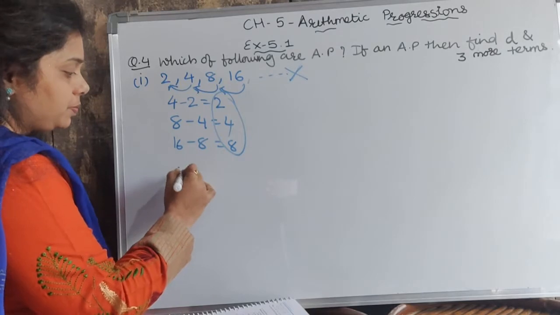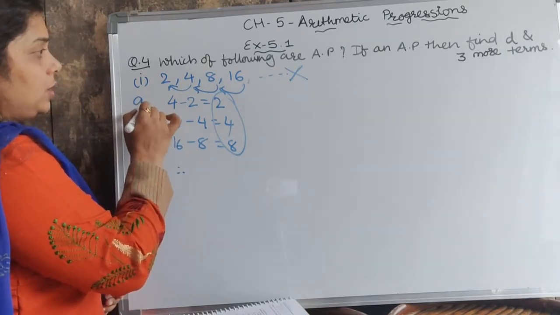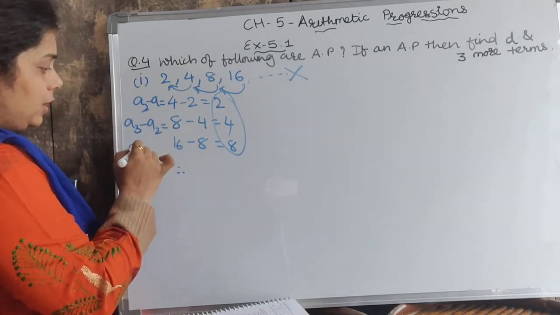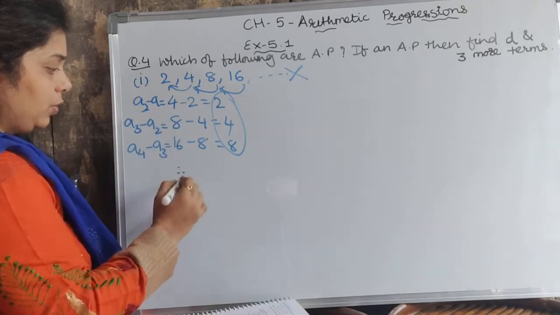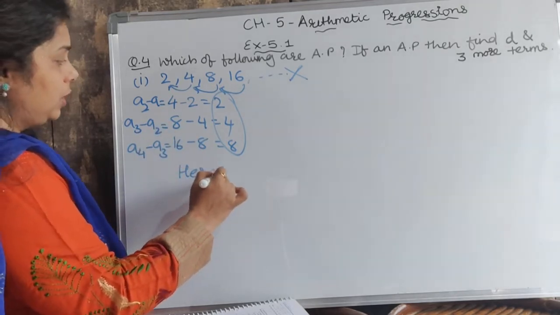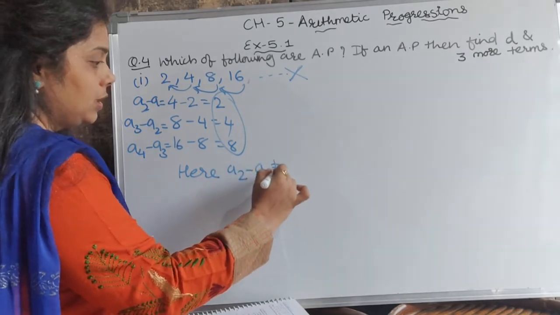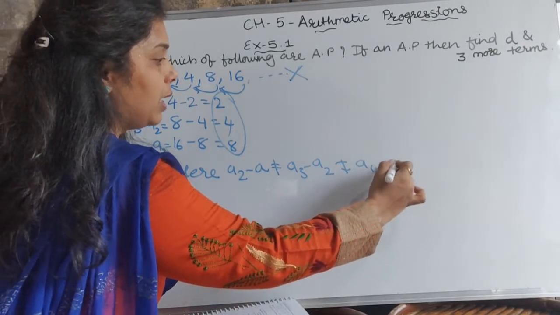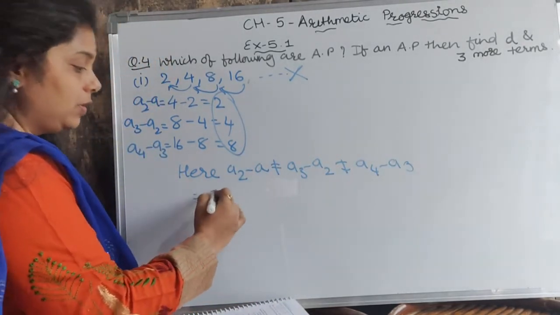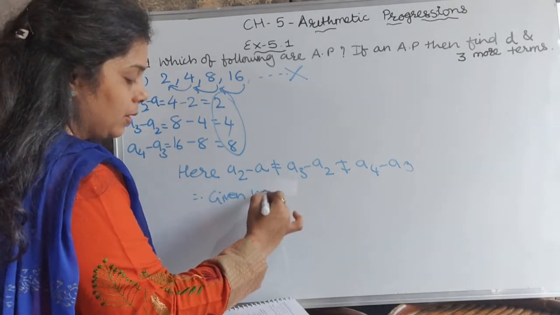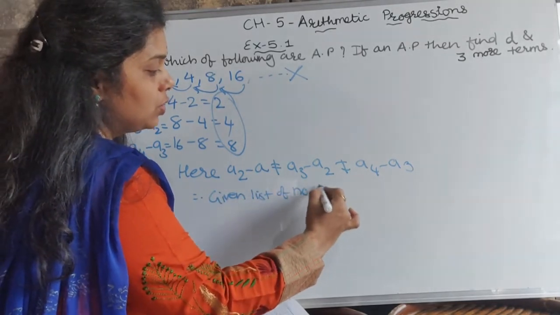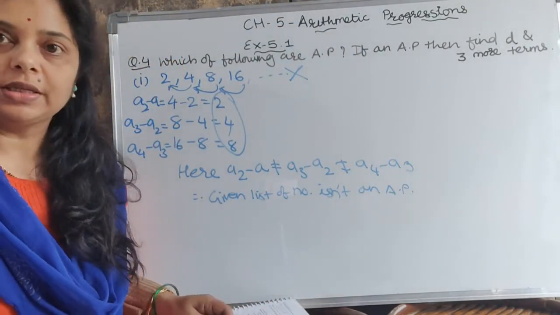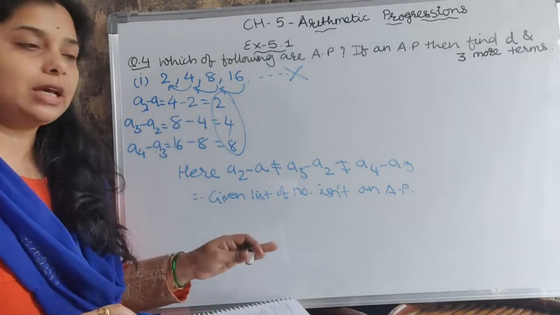And here what we have to write down is: A2 minus A is not equal to A3 minus A2, which is not equal to A4 minus A3, and therefore the given list of numbers is not an AP. That's it. Is it clear? Like this you have to write down the steps and do the sum.